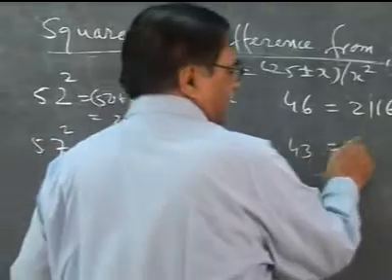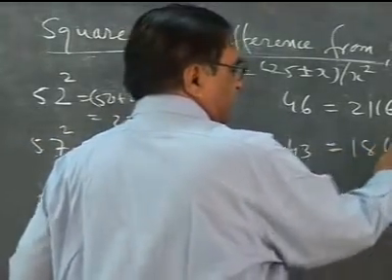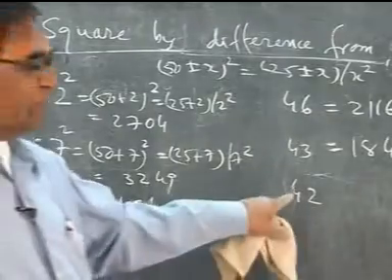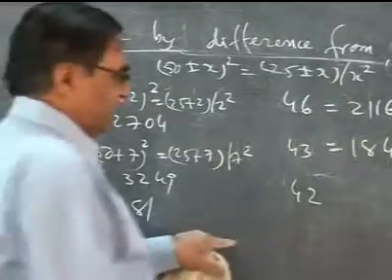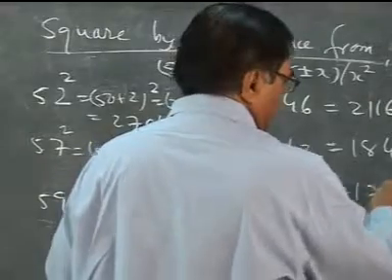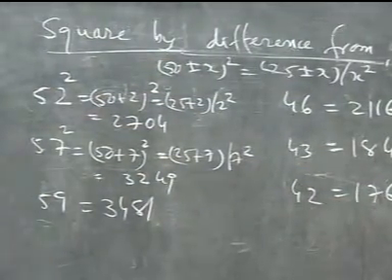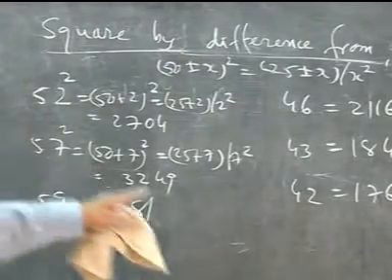So 25 minus 7, 18. 7 square, 49. 42, 8 less. 25 minus 8, 17, 64. See how easily you can find the square. It's very simple to find the square.